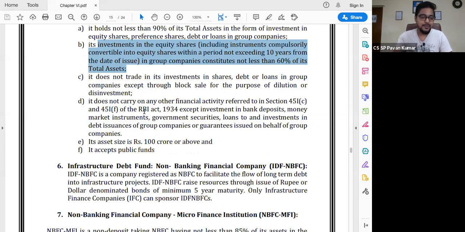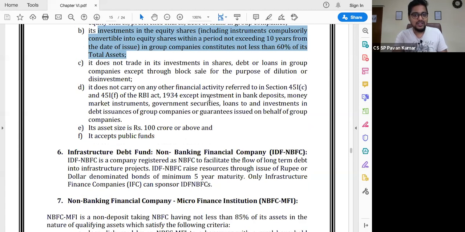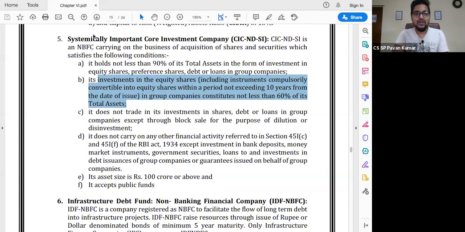They can sell the securities, however they should not trade with the securities. It does not carry on any other financial activity. It does only investment. They don't do any other activity. Its asset size is 100 crores or above, and it accepts public funds. If it does all these activities, it will be called a systemically important core investment company.